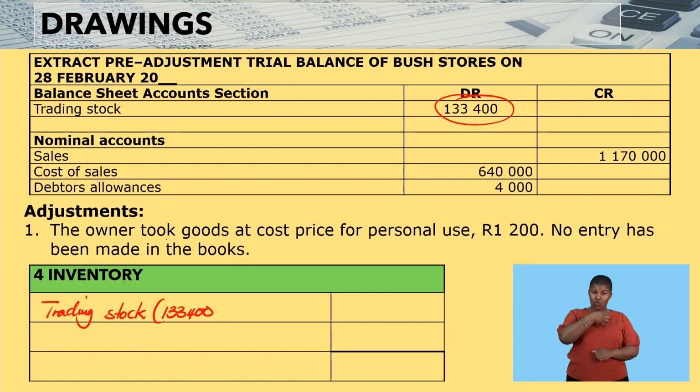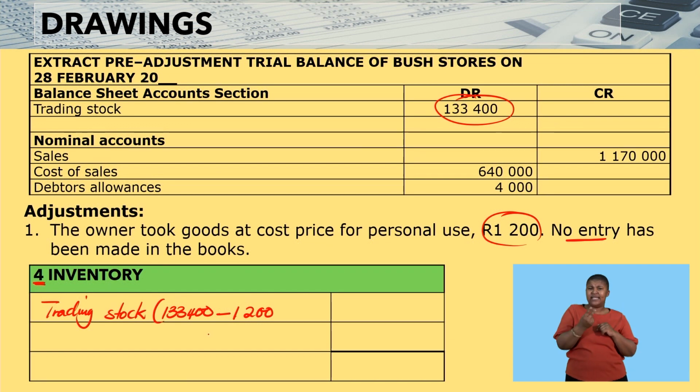Then the owner took goods at cost price for personal use. These goods must be recorded because no entry has been made in the books, so we don't have that stock anymore. So I'll come here and say minus 1,200. You will see what I have done here. I have recorded this in note number 4.